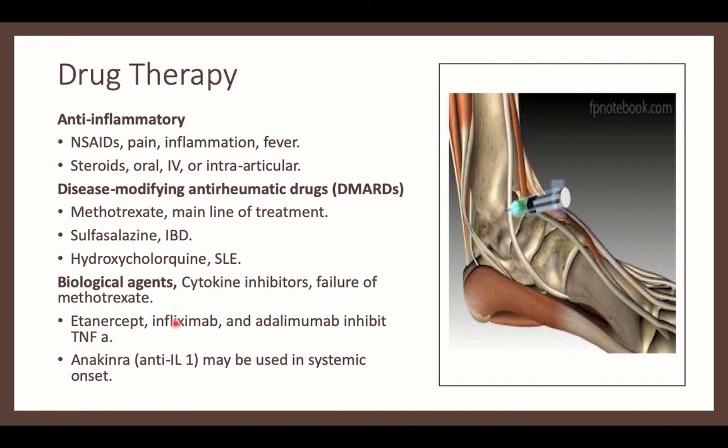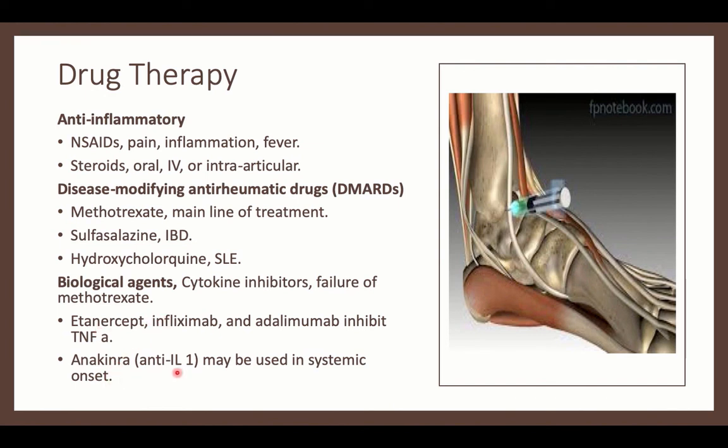Sometimes with intolerable side effects or inadequate response, etanercept is commonly used, which attacks the tumor necrosis factor alpha receptor. So we have etanercept, we have infliximab, and we have also the newer adalimumab, which can also inhibit tumor necrosis factor alpha. They are commonly used nowadays.